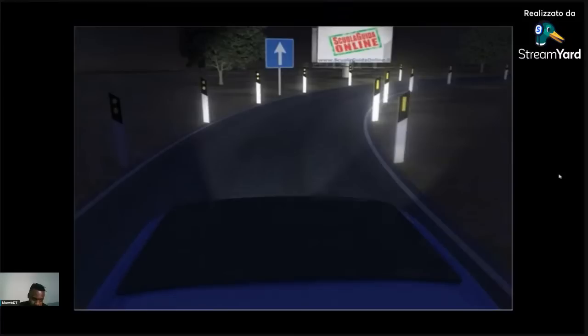At night, so when it is night like this, the vehicle can use the dim light, of course, but you realize that these panels are reflecting the light.